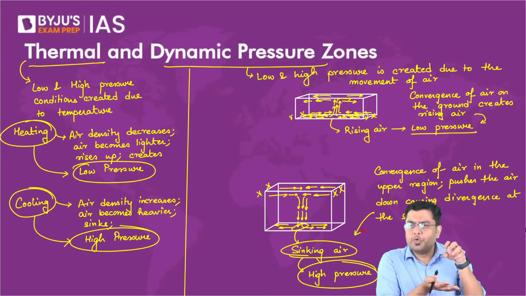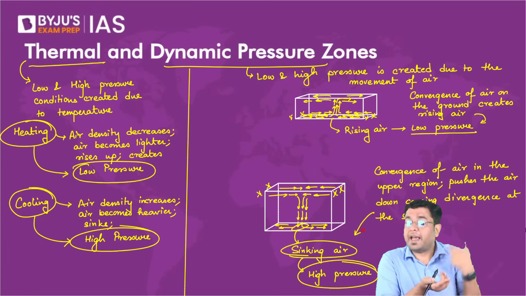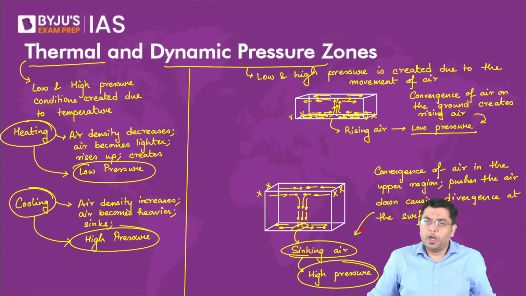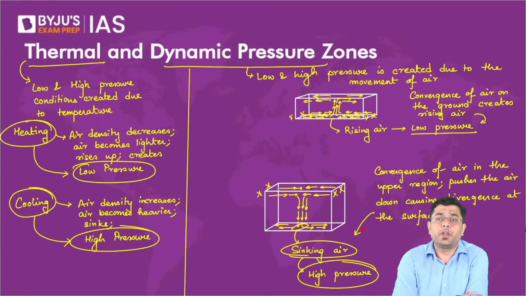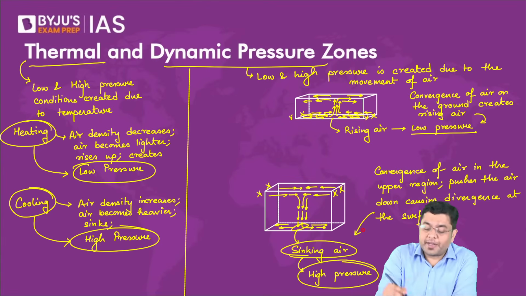Any region which is cooled down, the air above it also cools down, it gains a greater density because more number of particles will be included in that air parcel, it becomes heavier and it tends to sink. That is why heating creates a rising air column, cooling creates a sinking air column, associated with low pressure and high pressure respectively.